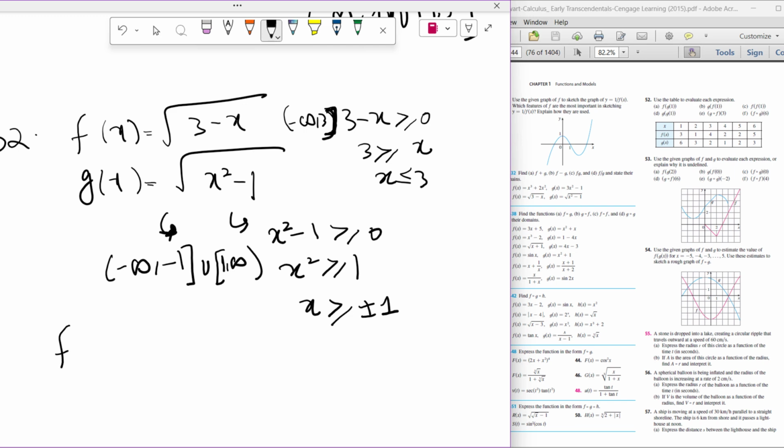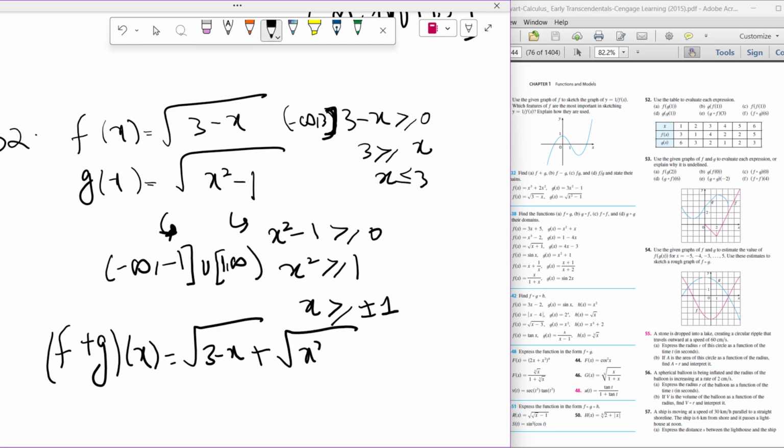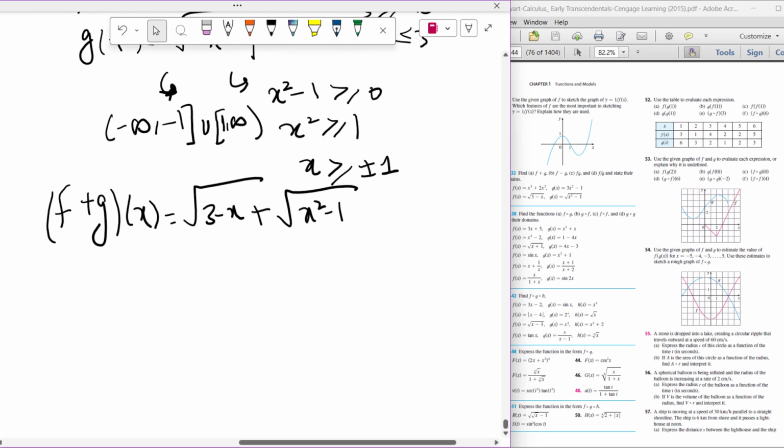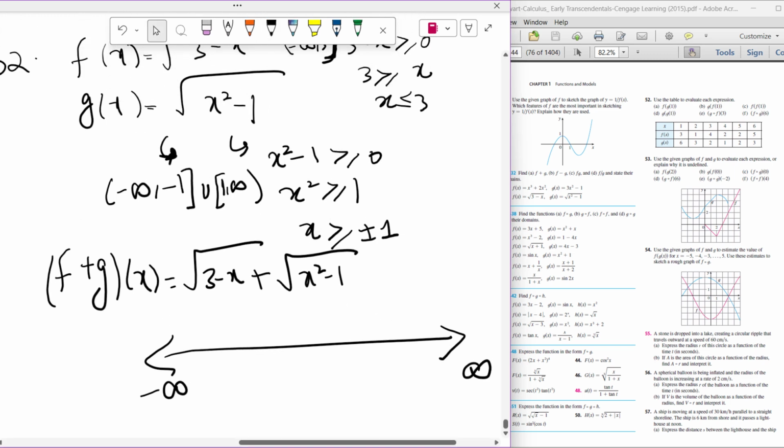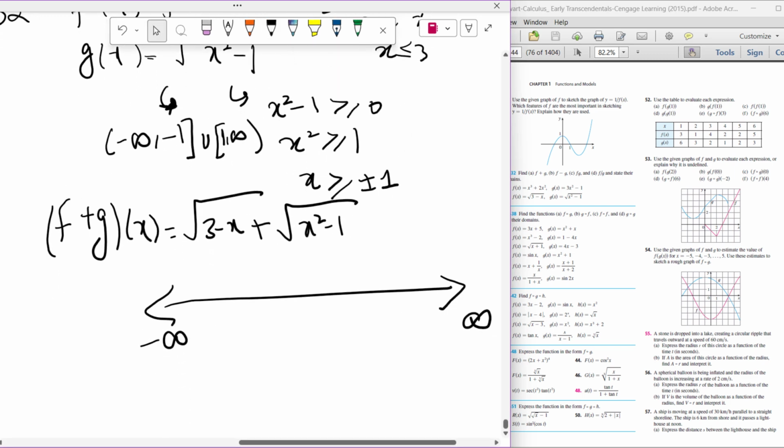So if I find f plus g of x, that is equal to under root 3 minus x plus under root x squared minus 1. So the domain is the intersection. If I draw the number line from minus infinity to plus infinity, the first domain is x less than or equal to 3.